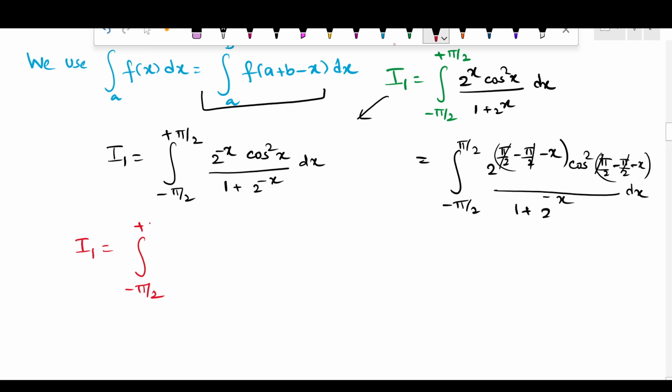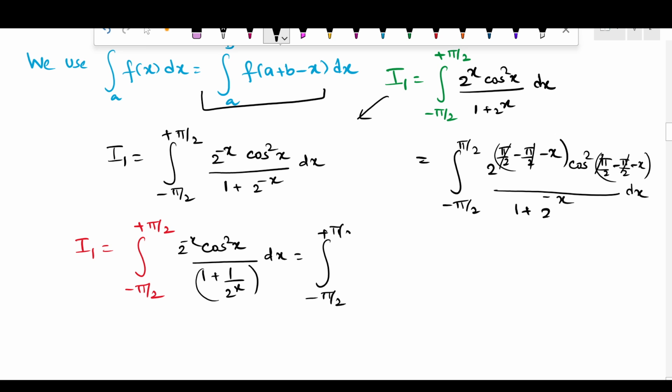The integral from minus pi by 2 to plus pi by 2 of cos square x dx equals the integral from minus pi by 2 to plus pi by 2, this is same, upon, take the LCM again, right?